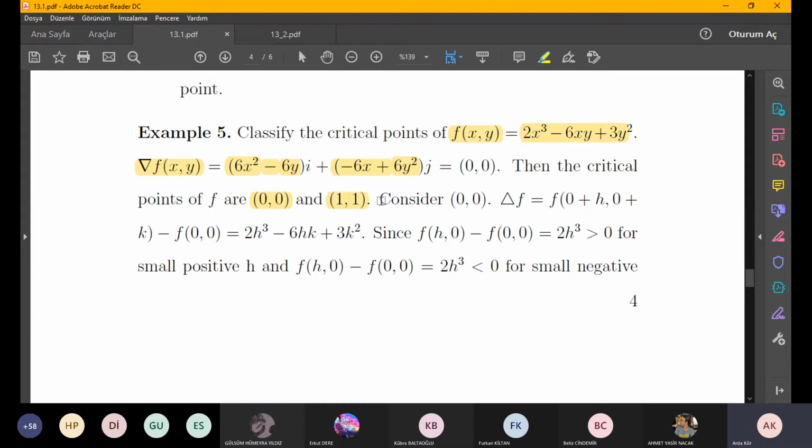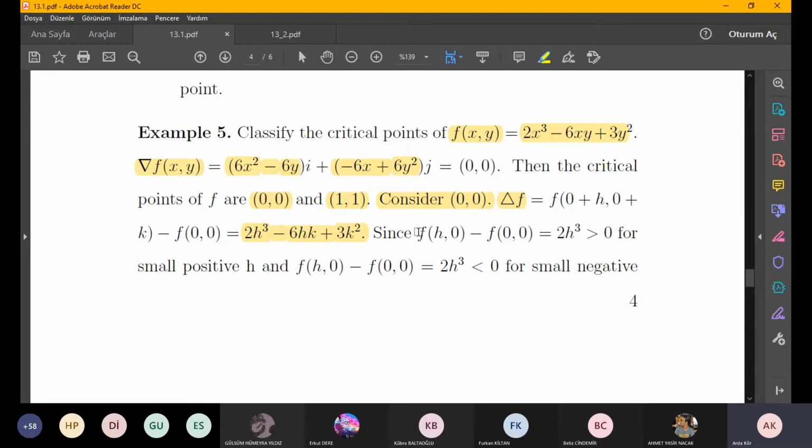First we will start by considering the critical point (0, 0), and we compute delta f that we defined above, which will be 2h squared minus 6hk plus 3k squared.